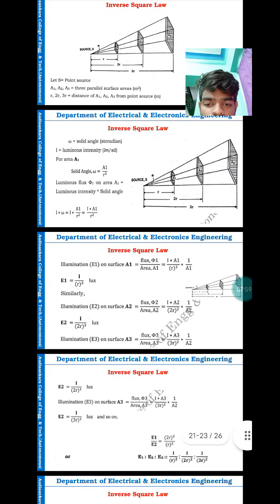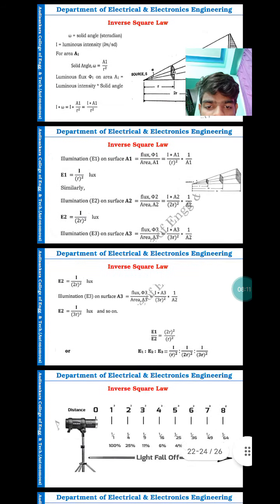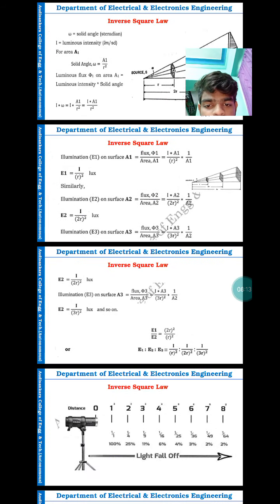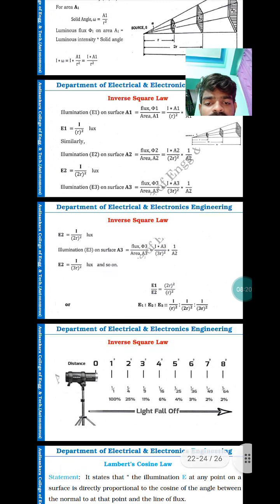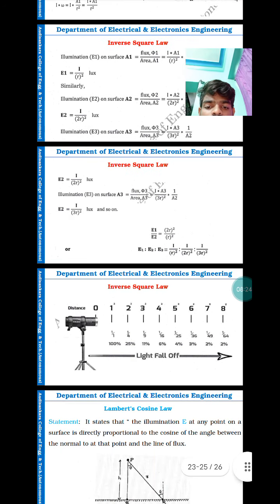Then we are going to see the values of E1, E2. E1 is equal to 1 by r squared lux. E2 is equal to 1 by 2r squared lux. Then these are E1, E2, E3. That will be the inverse square law. It is clearly mentioned here, and it clearly shows how the light falls off.